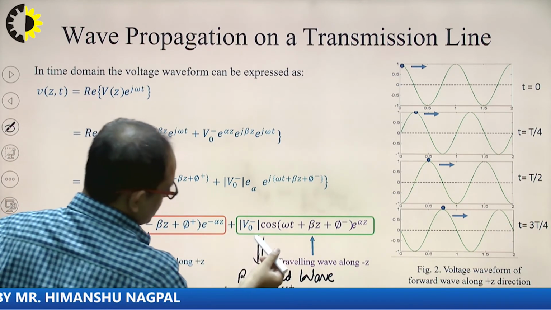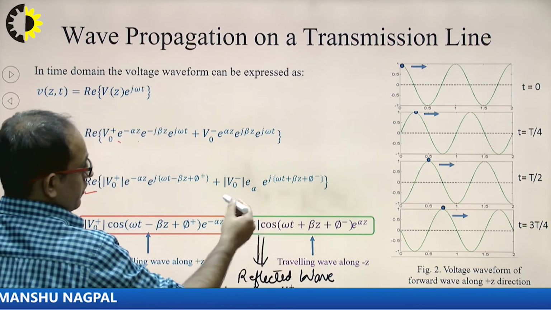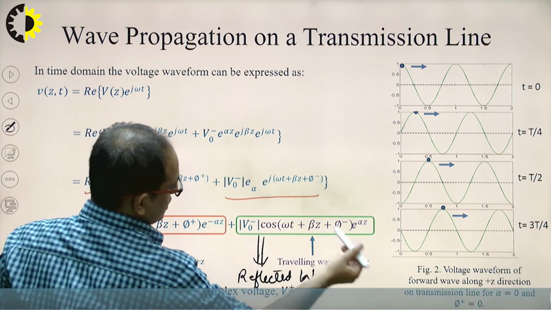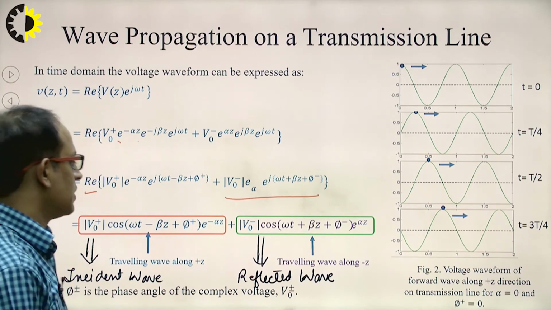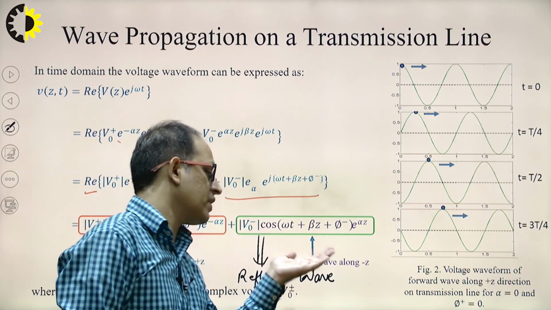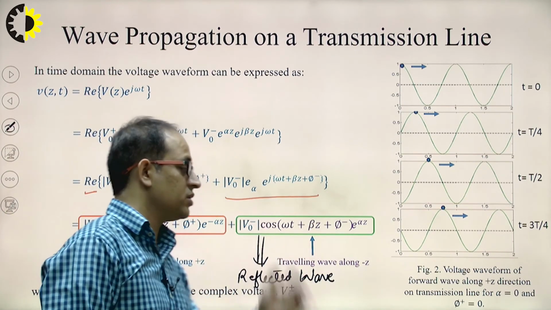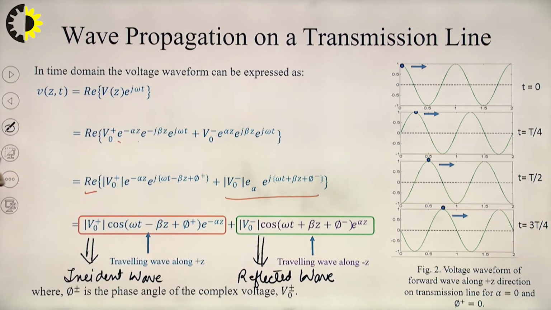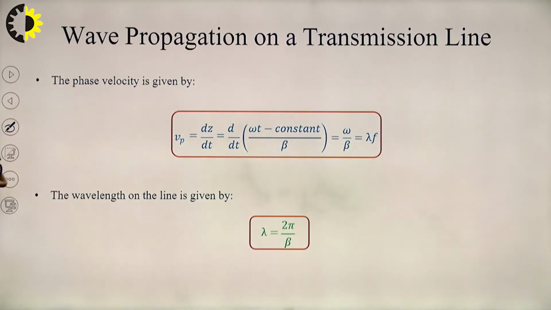From this equation, the real part will be V0 minus cos of omega t plus beta z plus phi minus. This represents the traveling wave along the minus z direction, and this represents the traveling wave along the positive z direction.